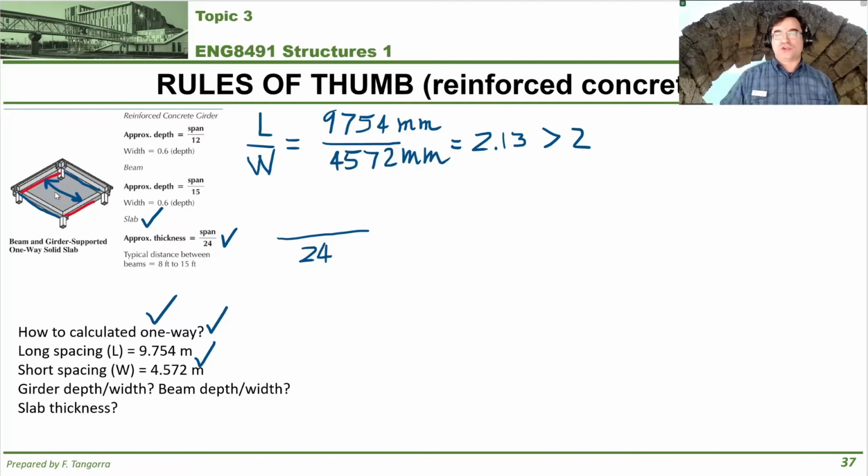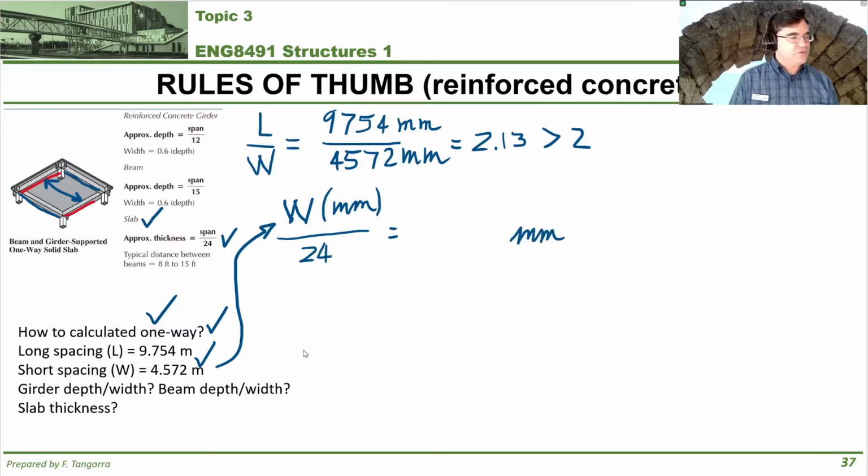The larger of the perpendicular grid spacings, because you want many beams but only few girders. So the spacing is actually going to be the shorter one of the two, in our case W, if you have beams like this. So W, if you remember, is 4,572 millimeters. I'm going to do this in millimeters because then it gives me a thickness in millimeters right here.